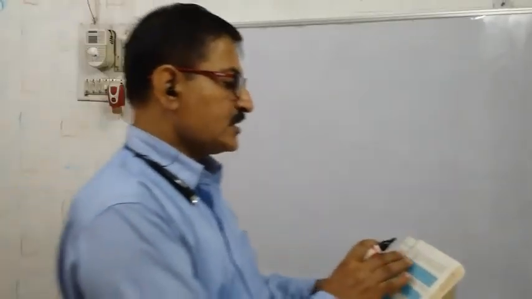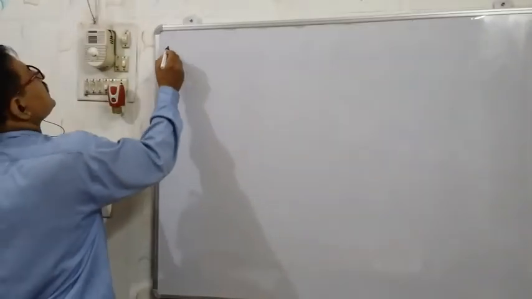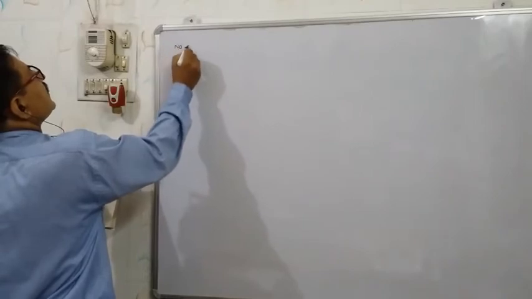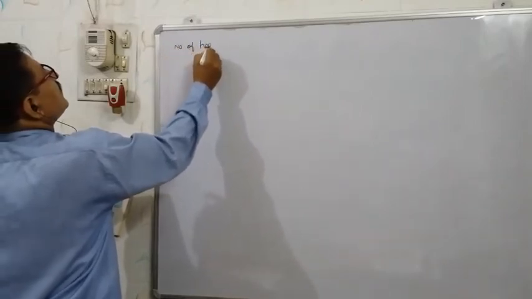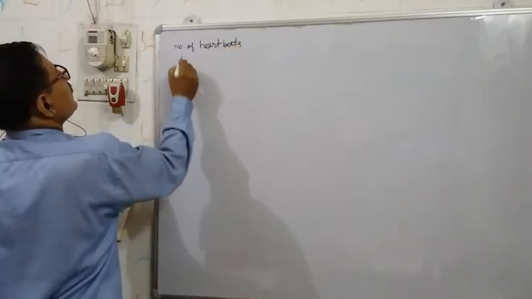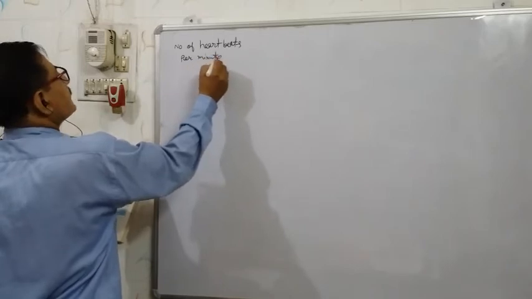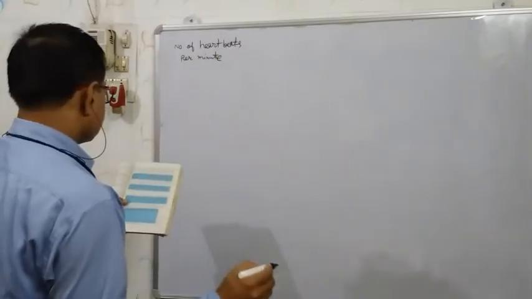Whatever information is given in question number 4, on the basis of that I am making the columns. Number of heartbeats per minute. Then frequency is given.